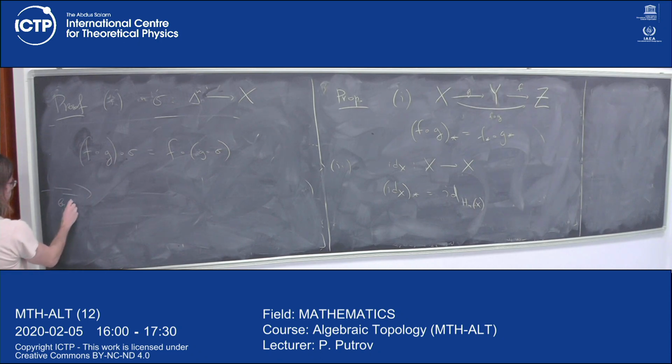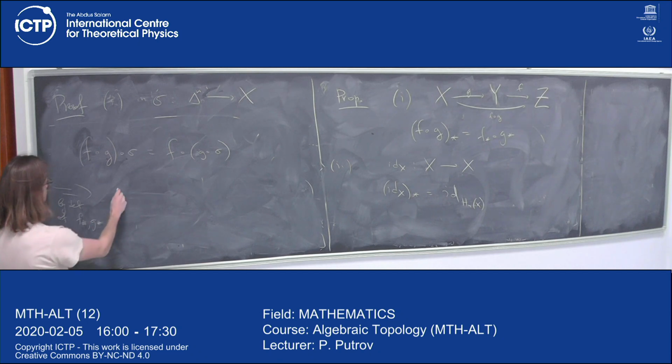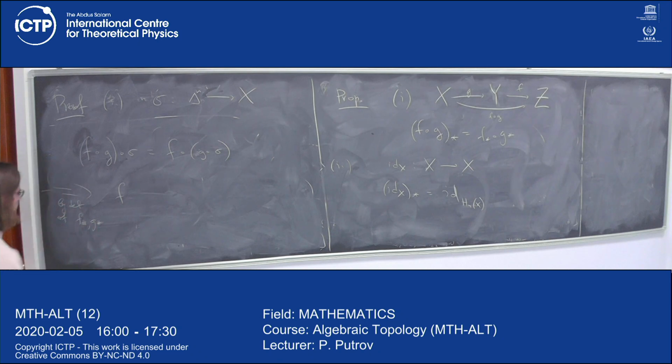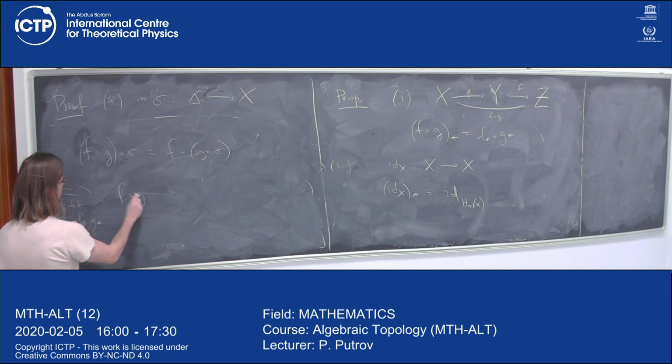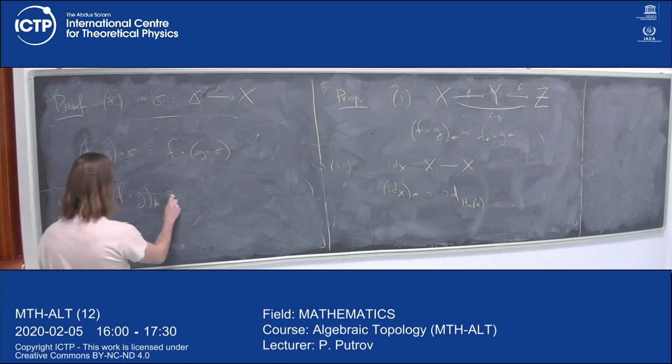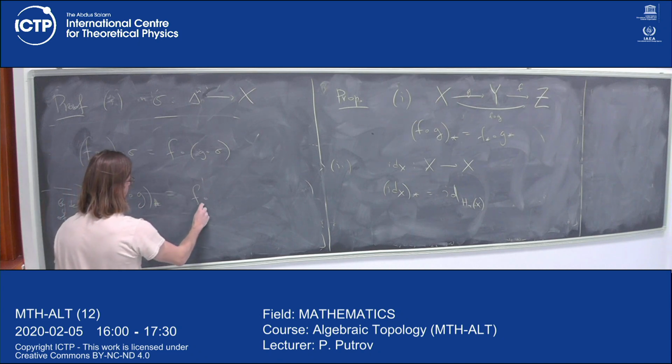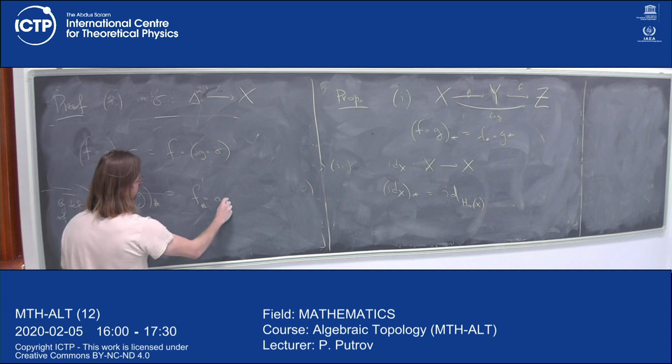And so by definition of F sharp and G sharp, it follows that they are just defined by taking the compositions of these generators with these maps, right? So it immediately follows that the map induced by the composition is the same as the composition of induced maps.